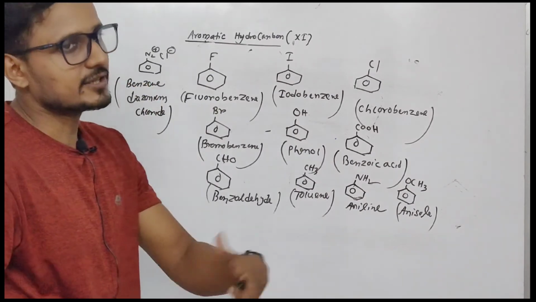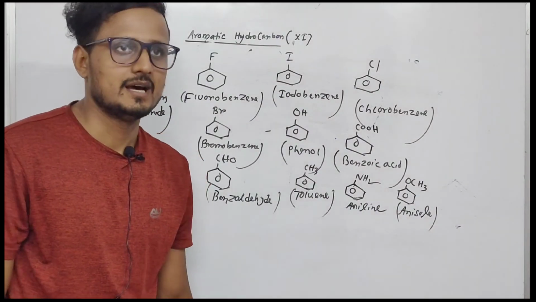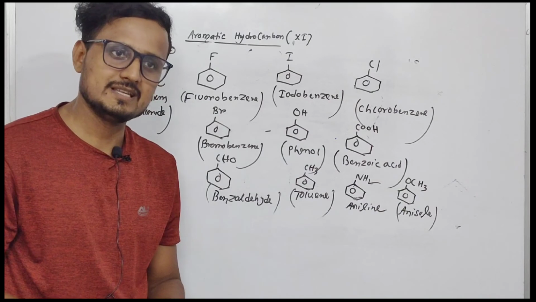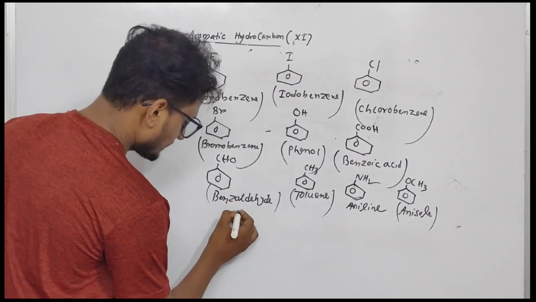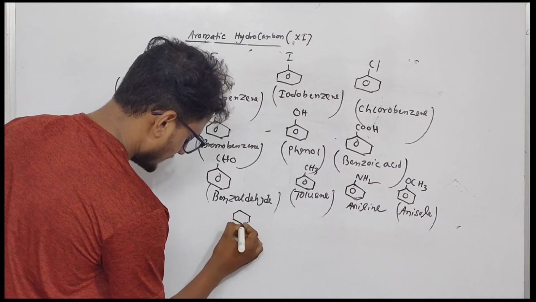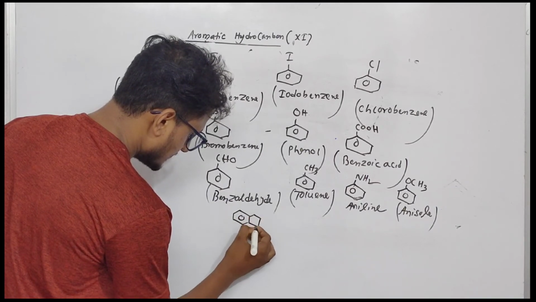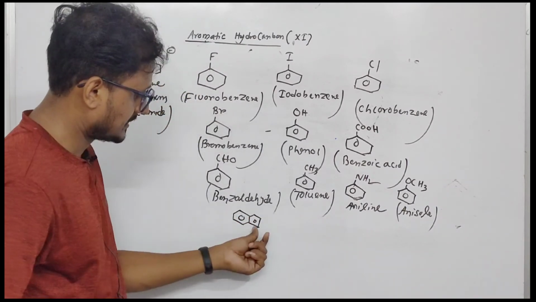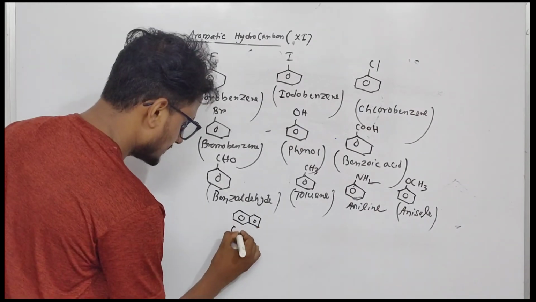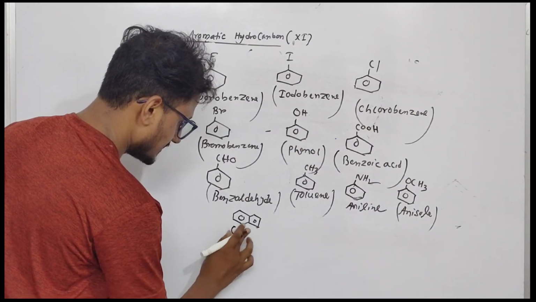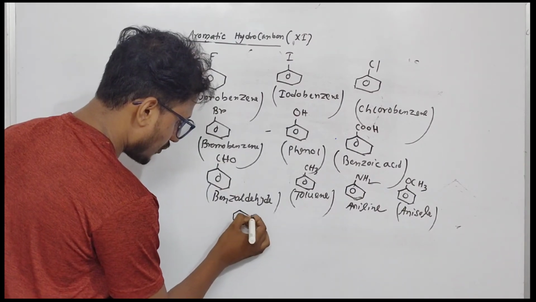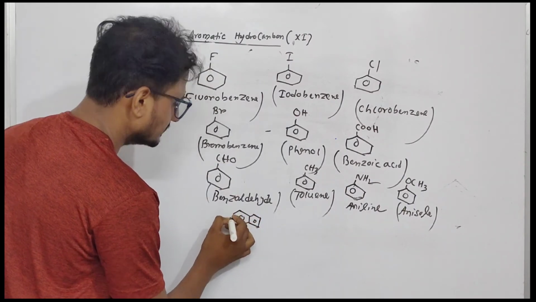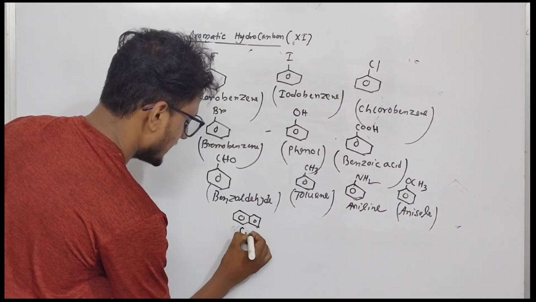Okay. Some other compounds of benzene are also derivatives of benzene, and they may have multiple benzene rings. Like this compound having two benzene rings, it is called naphthalene. And you have learned this one, C10H8. How many carbons do you find? 1, 2, 3, 4, 5, 6, 7, 8, 9, 10.